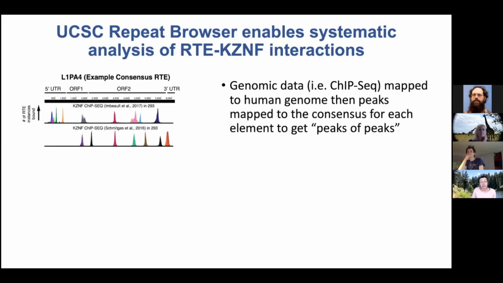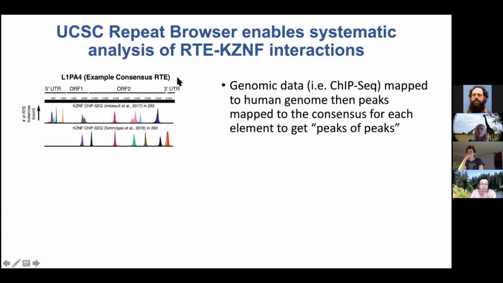And so since that time, we've wanted to broaden our look at this and look more systematically. To do that, Max Hausler, and later in collaboration with Jason Fernandez, developed the UCSC Repeat Browser, which enables systematic analysis of genomic data on retrotransposons.